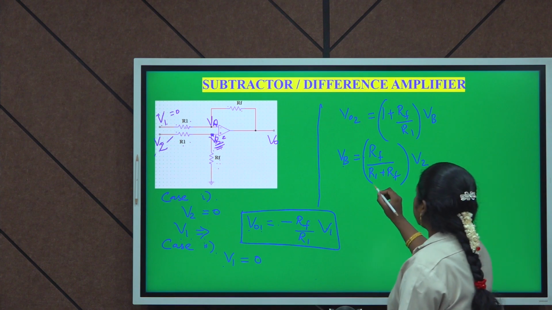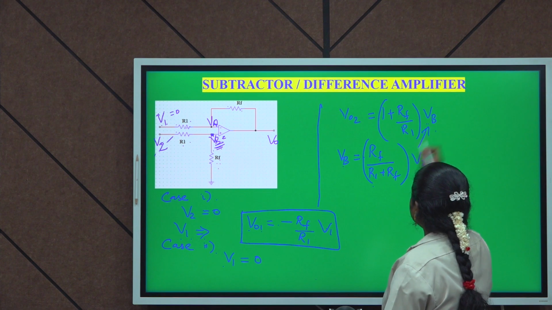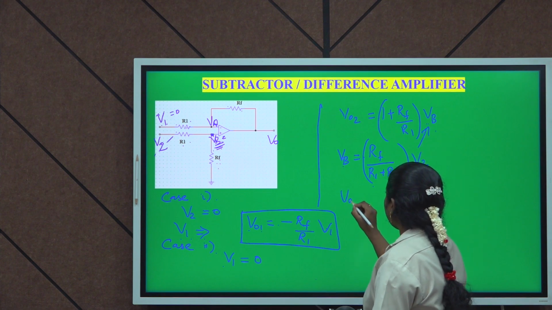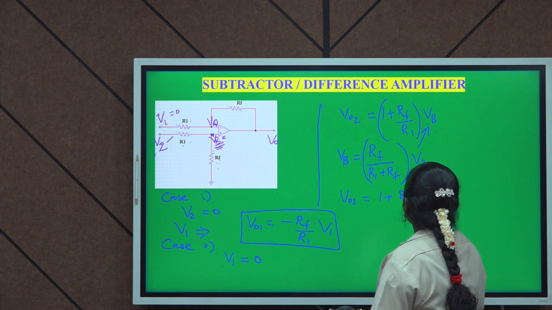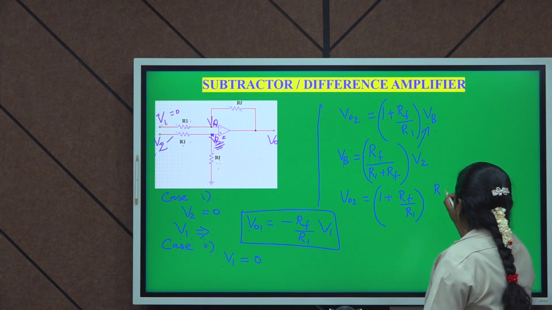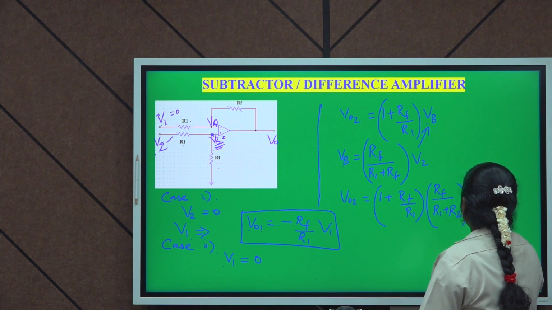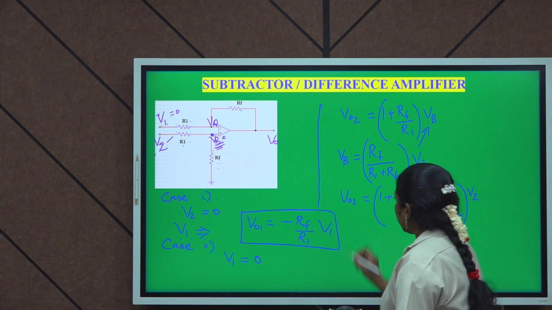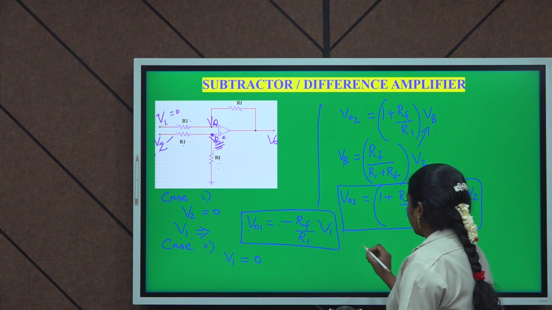Now we will substitute this VB value in this equation. So V0 of 2 is equal to 1 plus RF by R1 multiplied with RF by R1 plus RF multiplied with V2. So this is the output voltage V0 of 2.